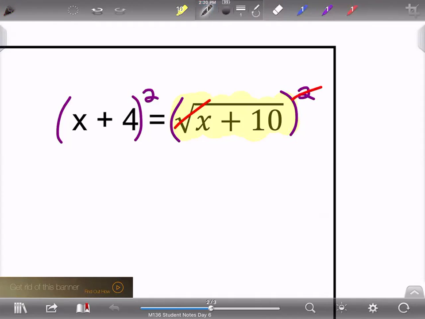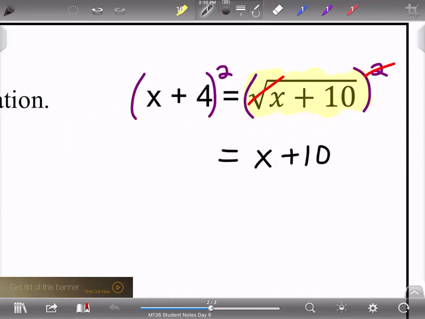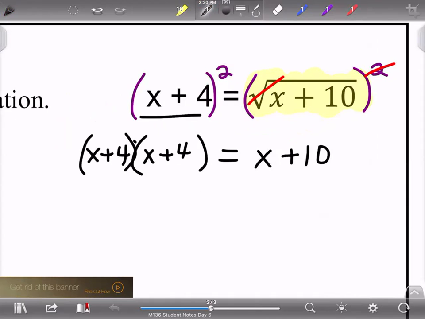The squared and the square root are going to cancel each other out and leave you with x plus 10. The left-hand side, however, when you square a binomial, it's a binomial because there's 2 terms here. That really means you need to take x plus 4 and multiply it by itself, x plus 4.